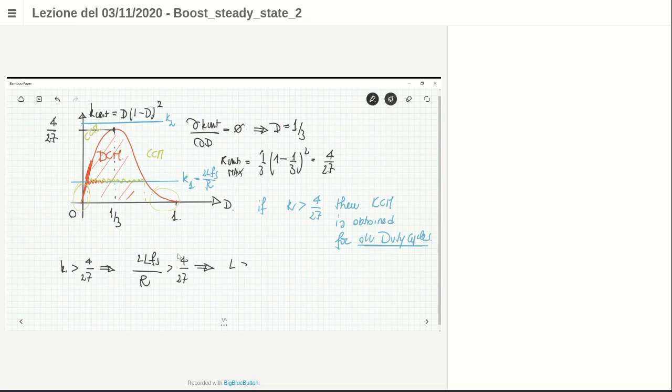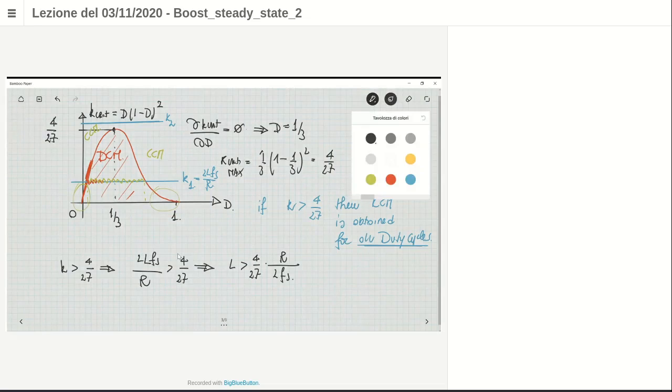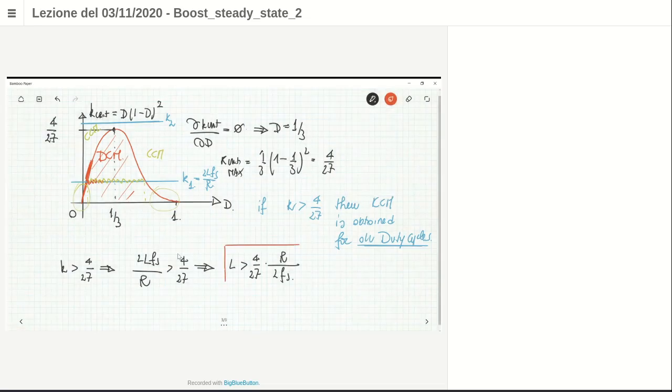It means, for example, that L is larger than 4 divided by 27 times R divided by 2Fs. So if you are choosing an inductor which is larger than this value, then you are sure that for duty cycle ranging from 0 to 1, you always operate your boost in continuous conduction.